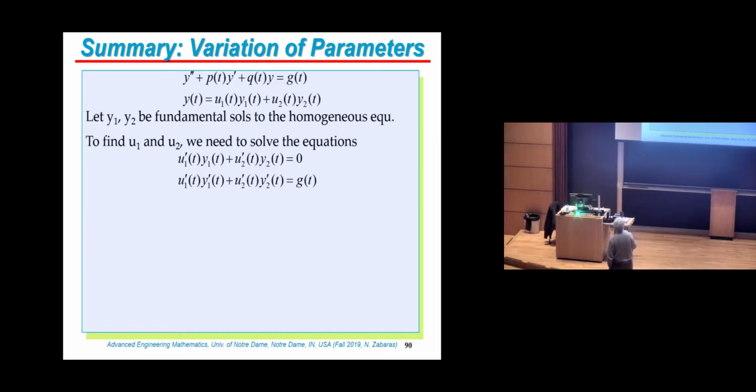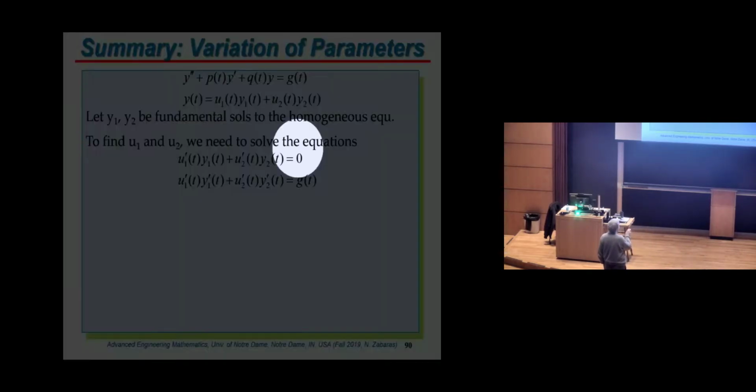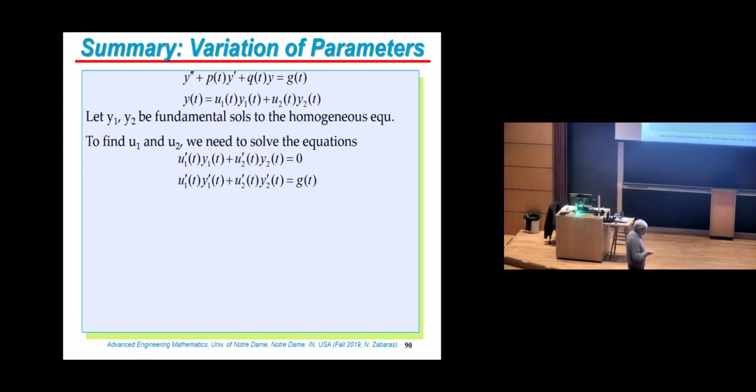OK? And then there is a second equation that looks like u1 prime y1 prime plus u2 prime y2 prime equals g. g, remember, is the forcing term. This equation comes by plugging in the approximation for y that we have there inside the differential equation, using the first constraint that we have here, and also using the fact that y1 and y2 are solutions of the homogeneous equation.